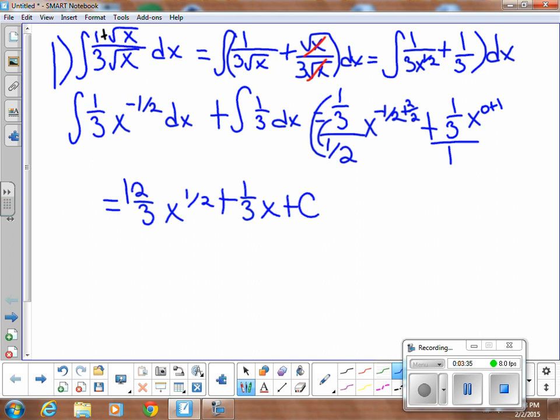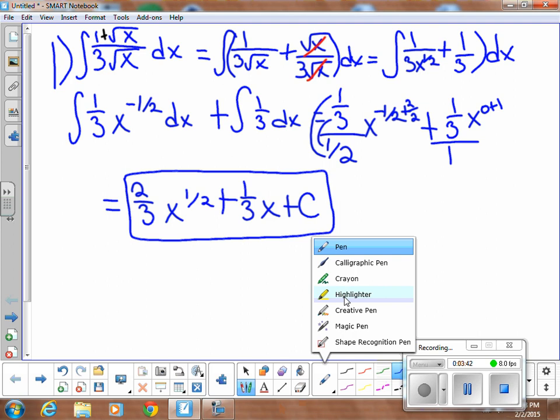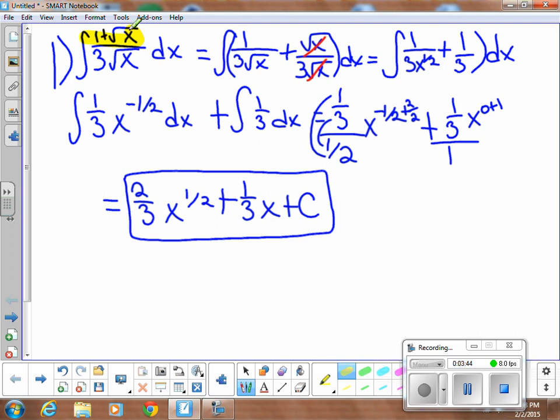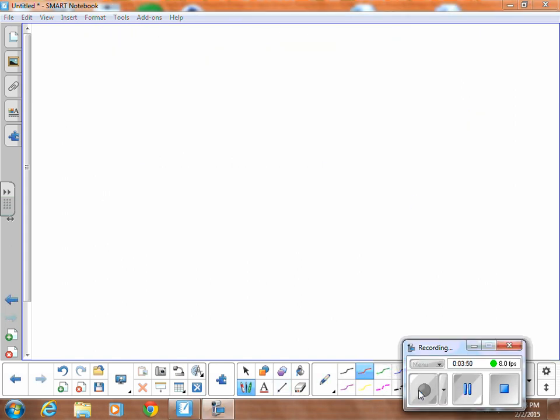And that's your integration for number 1. So whenever you have addition or subtraction happening in the numerator, you can actually separate these into two separate problems. Okay? Okay, go ahead.